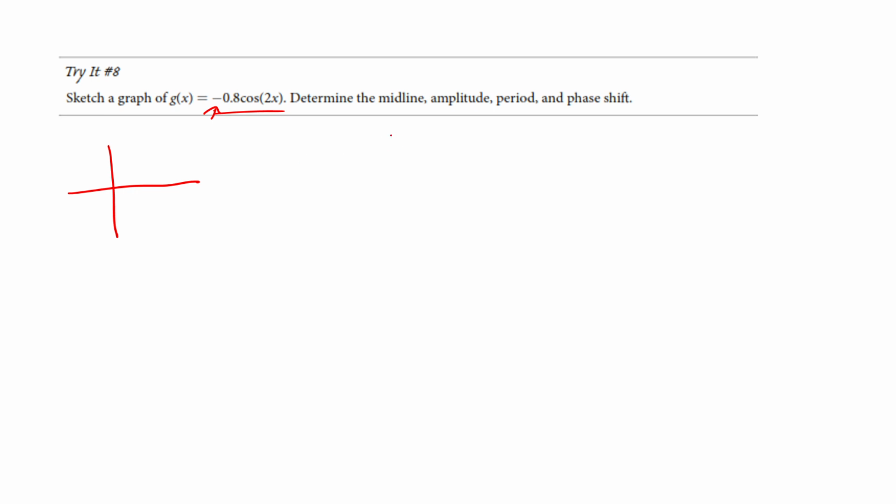Let's do all this here. My midline is still just going to be 0. We don't have any vertical shifts, so my midline is still y equals 0. Now my period this time, they told me the value in front of x. It's 2.